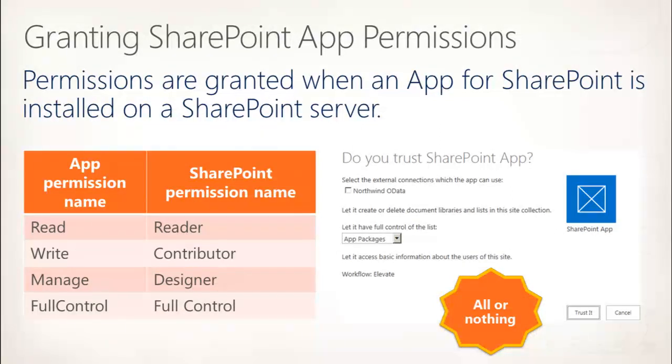So it's a nice safety measure there so people can't make an app that does more than they have permission to do and then upload it to SharePoint. On the other hand, let's say I do have all of those different permissions in my SharePoint site, and now I activate this application inside of SharePoint. I go to click Trust It.